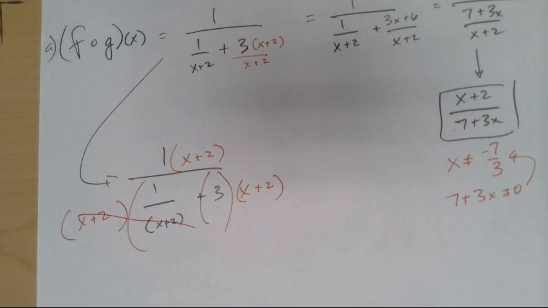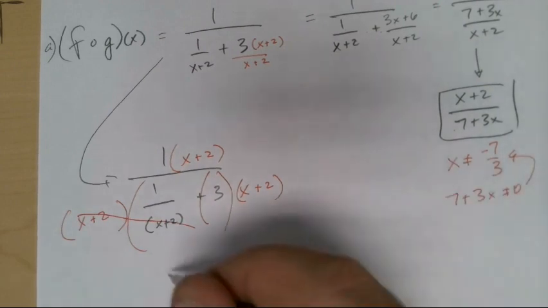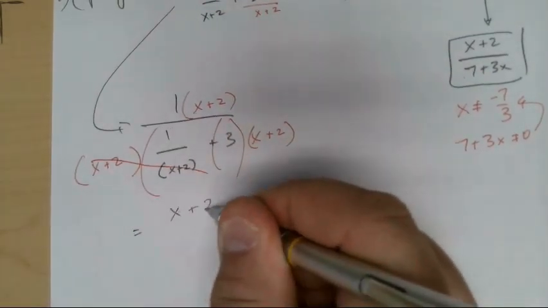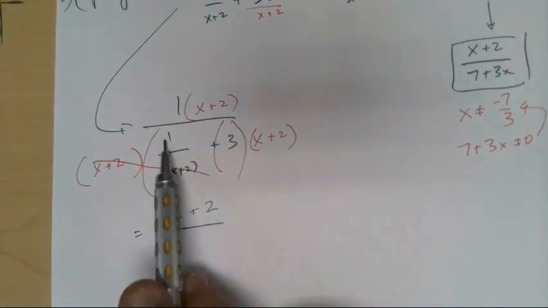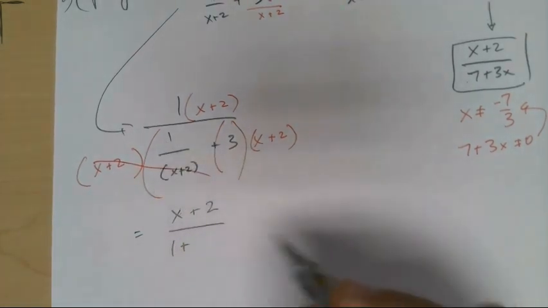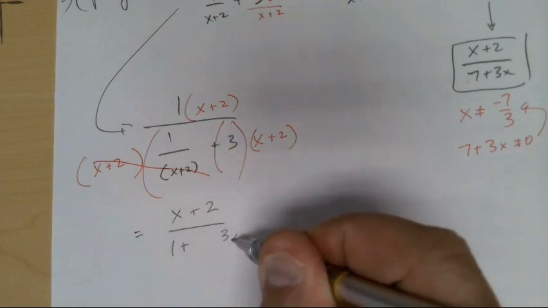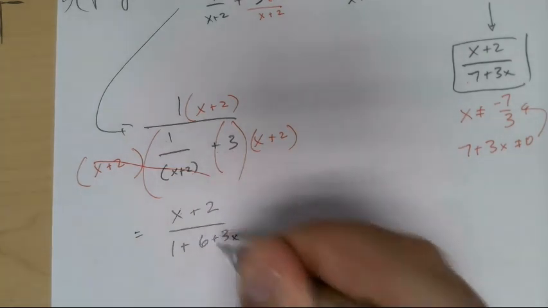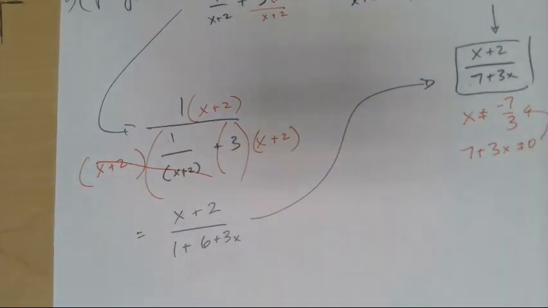This cancels. And I get on the top, x plus 2 from right here, 1 times x plus 2. And I get 1 plus 3 times x plus 2. Well, 3x is 3x. And positive 3 times positive 2 gives me 6, which gives me that.